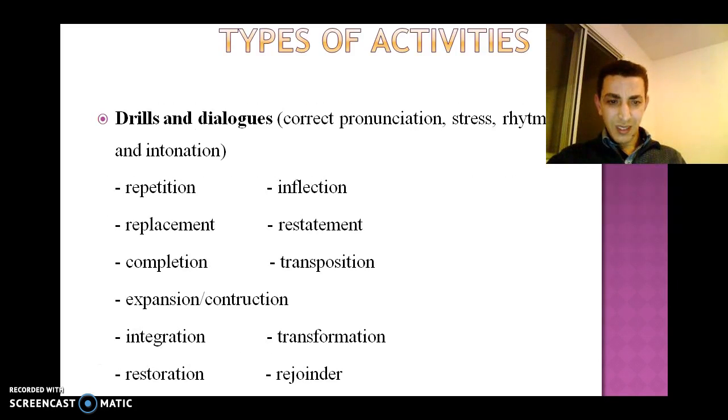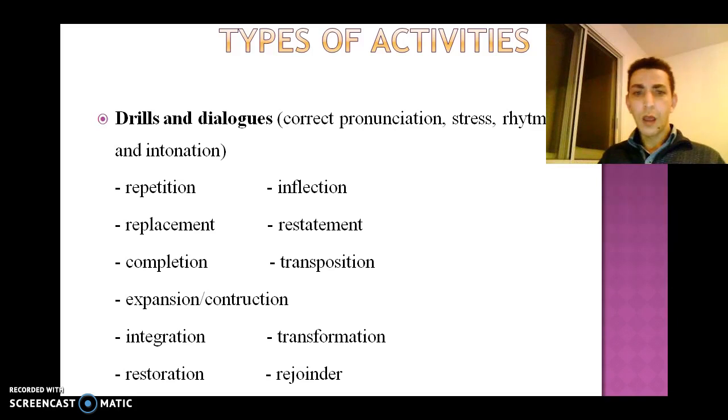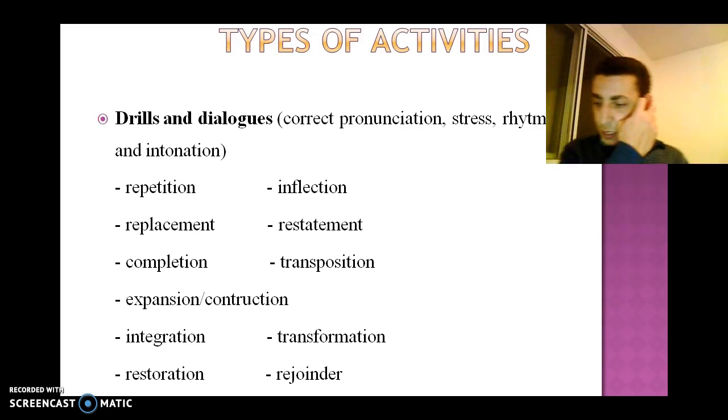So there are some of the main activities we use in our language method class. Repetition, transposition, substitution. For example, substitution, it's kind of example just when we substitute a word with another word, but in the same structure.